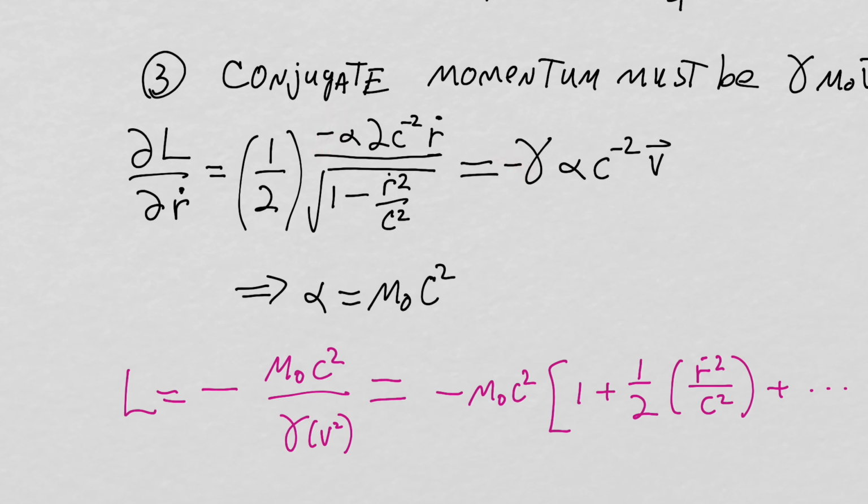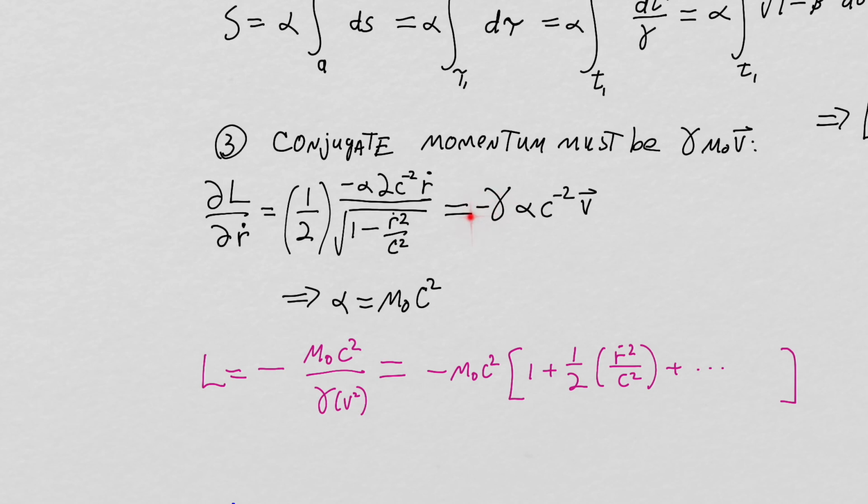So alpha has to be m0 c squared for this to work. Wait, is that right? No, that's not right, because the minus sign here came from this derivative. So I have to get rid of that minus sign to match. So alpha has to equal minus m0 c squared. And then our Lagrangian is correct. Yeah, so alpha has to be minus m0 c squared.